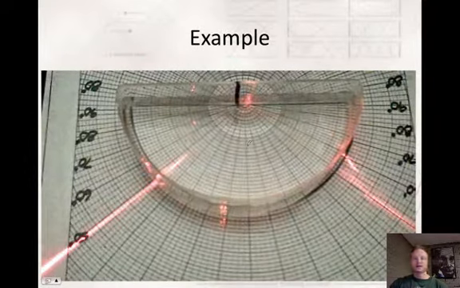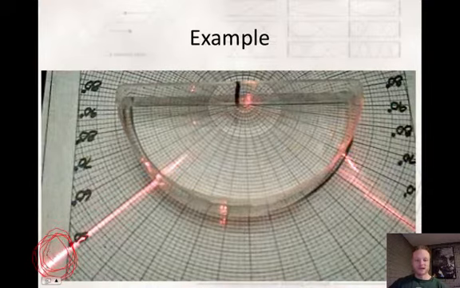Let's take a look at an example right here. In this picture, there's a laser over here, and it's shot into a semicircle tank of water. As the laser is in air right here, it heads into the water, no problem. Here's the direction of the angle of incidence.